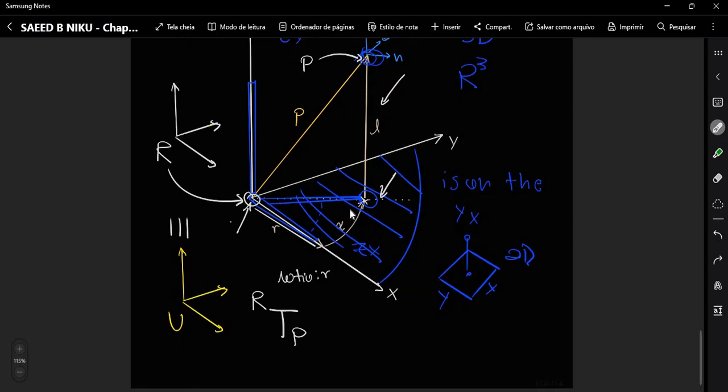I said that we are supposing this could be a robot that can do translations in different stages.